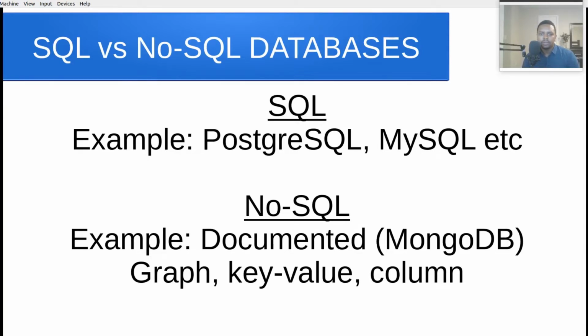And for non-SQL, for example, for documented non-SQL, you have Mongodb, but there are other types of non-SQL databases. For example, the graph types. You have also the key value and column oriented. Mongodb is a documented, meaning it is written in the form of documents with JSON syntax.